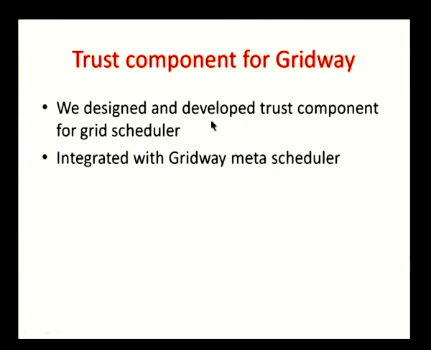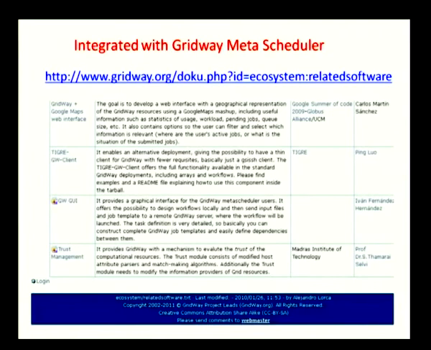So we wanted to have some objective parameters to be considered for evaluating the trust. For that purpose we designed and developed a trust component for the grid scheduler, and we have also integrated it with the GridWay meta scheduler, which is a resource broker for grid resources.